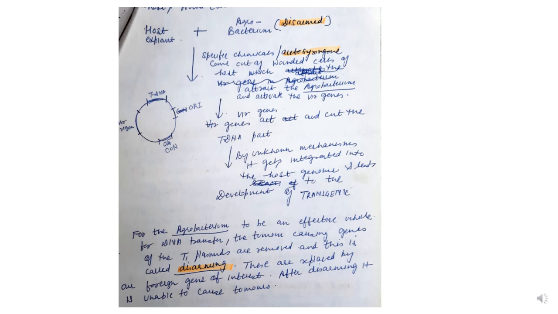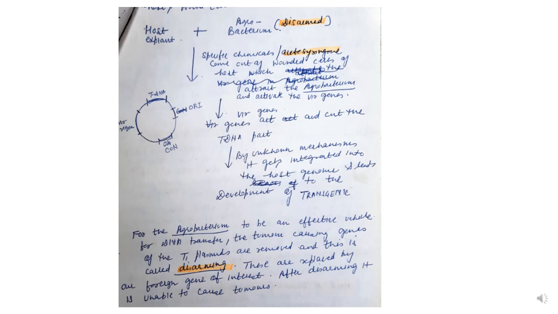It activates the Vir genes which are present on the Ti plasmid, and the Vir genes act and cut the tDNA part. By unknown mechanisms, the tDNA gets integrated into the host genome and leads to the development of a transgenic. So this is the mechanism of gene transfer, that is, how tDNA or transfer DNA goes and gets integrated into the host plant.